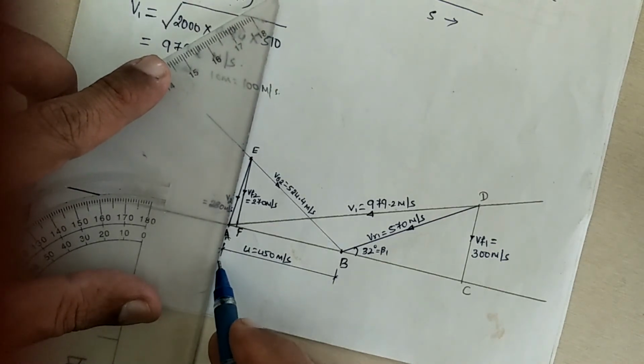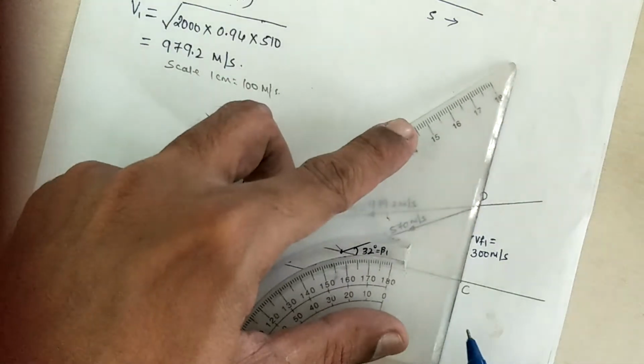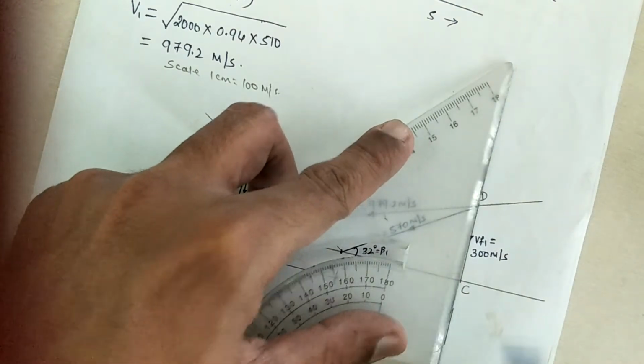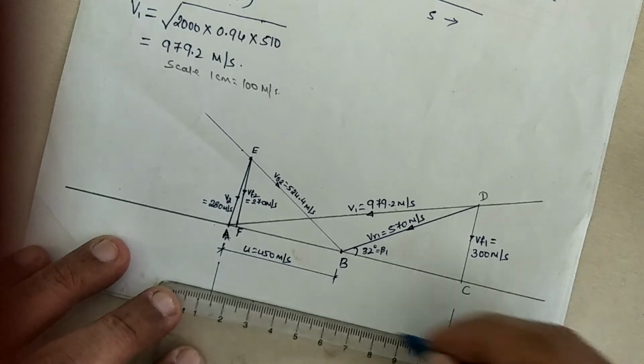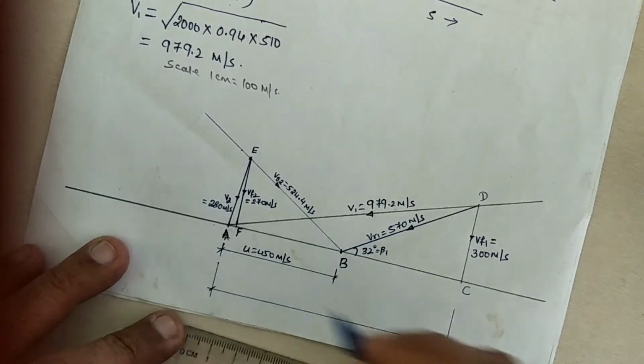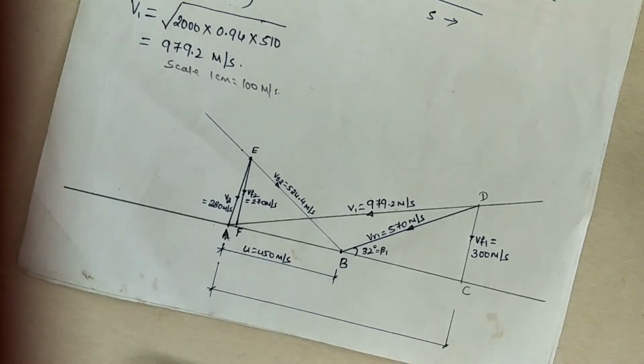These two values are also required. So AC is nothing but VU1. Measure it and multiply with the scale.